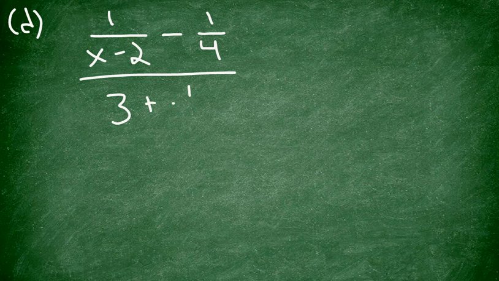And then our final question in this topic of rational expressions, this one's a little bit longer, is a complex fraction. So a complex fraction is when you have a fraction within fractions, right? And it's easy to remember because it looks very complicated, hence the name complex.